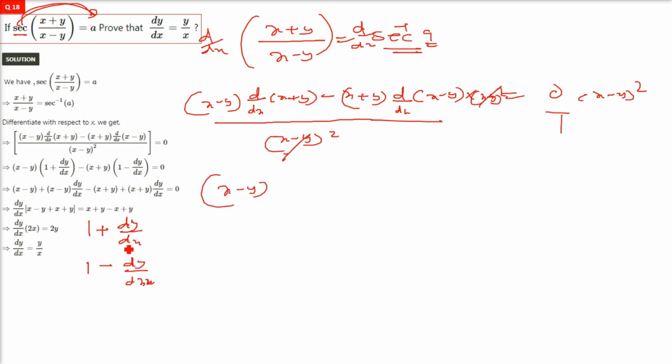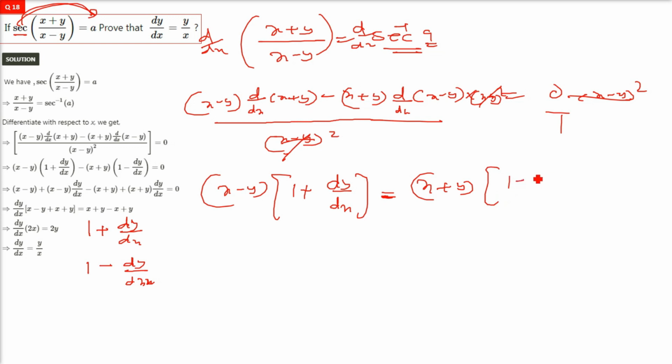So x minus y, d by dx of x plus y will be what? 1 plus dy by dx. And this right hand side, you can bring, or you can just have a negative. It's up to you. I'm going to bring it on the right hand side and then solve it. X plus y, and differentiation of x minus y we have already done.